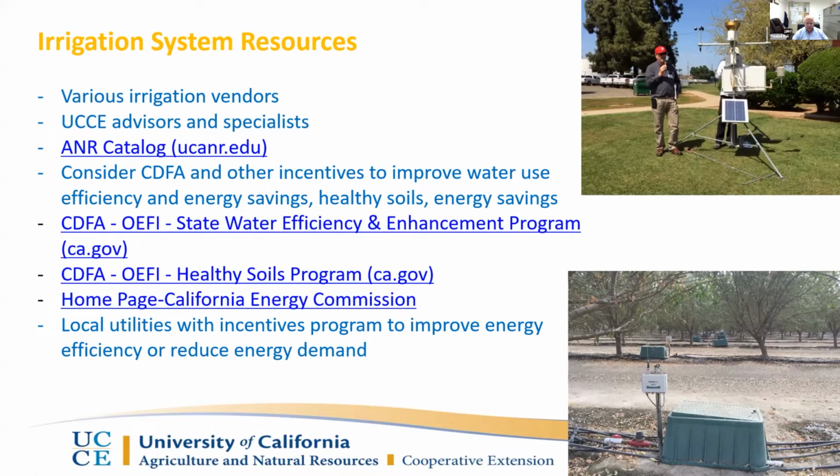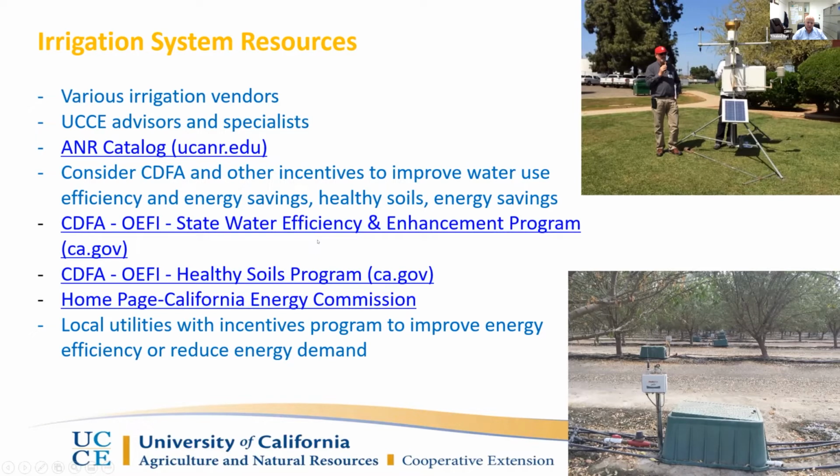We have UC ANR, with farm advisors all over, like Ben Faber and Andre Biscaro, and depending on where you are, you have a local cooperative extension office that can provide advice. Consider the CDFA. Soon we're going to have another call for SWEEP, and that is also a good way to upgrade irrigation systems.